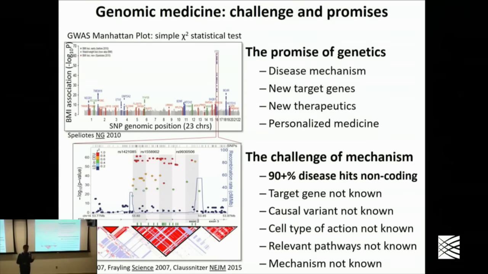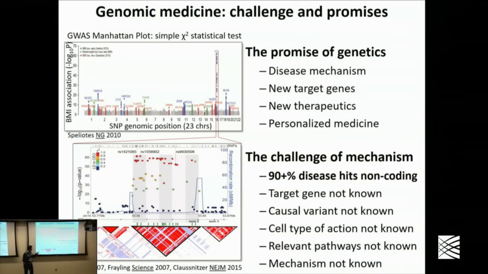So FTO does not appear to be the causal mechanism underlying this, even though it's the only gene in that region. How is that possible? The reason why it's possible is because of all of the genetic variants that are associated with obesity in that particular region, none of them perturbs the protein sequence of FTO.